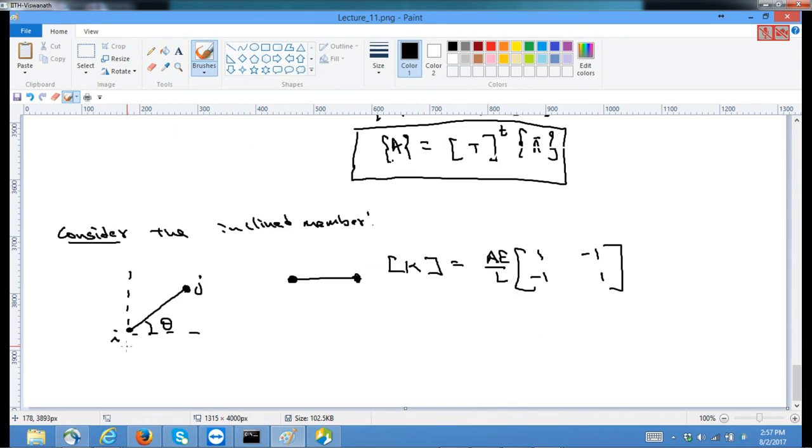The displacements are ui and uj, which are only in the horizontal direction. But for the inclined member, the degrees of freedom will be u bar i and v bar i, that is the displacement along this direction and the displacement along the other direction.